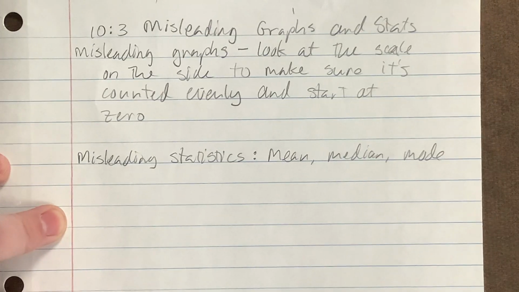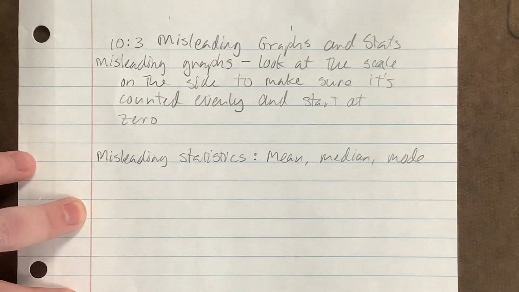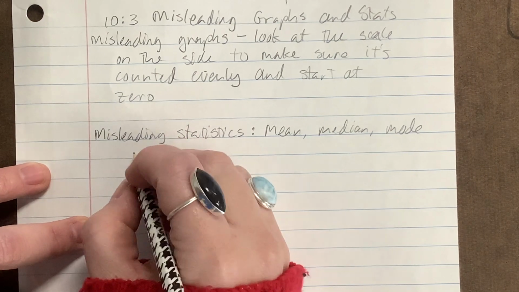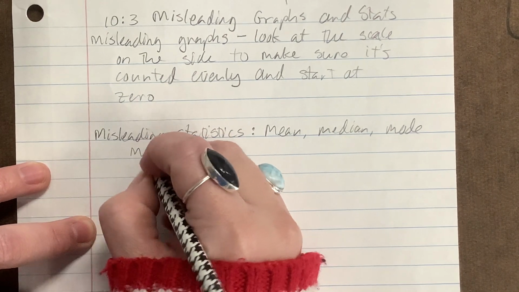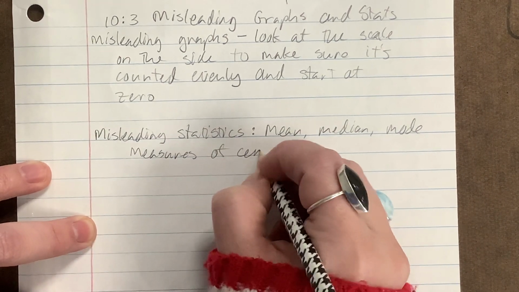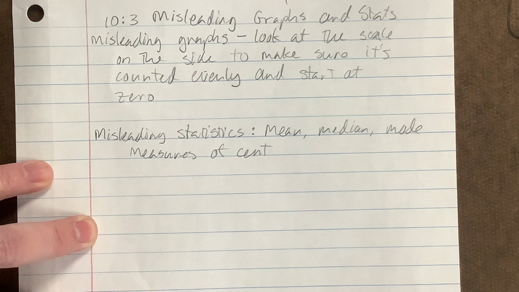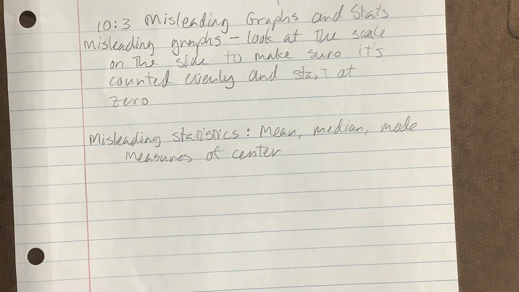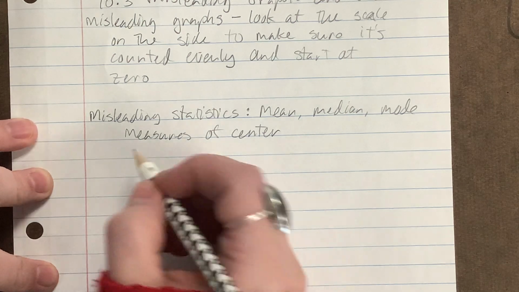So before we even talk about how we can be misleading with these, we call all of these measures of central tendency. Probably in the book they call them measures of center. Central tendency is the fancy actual statistic term for it, okay? So let's review before we talk about how we can be misleading with these statistics. Let's remember how to do these statistics.